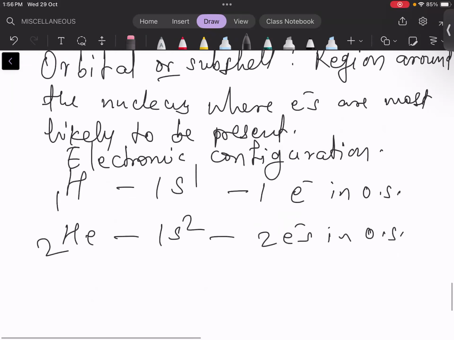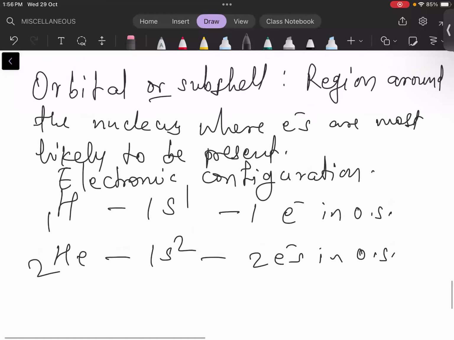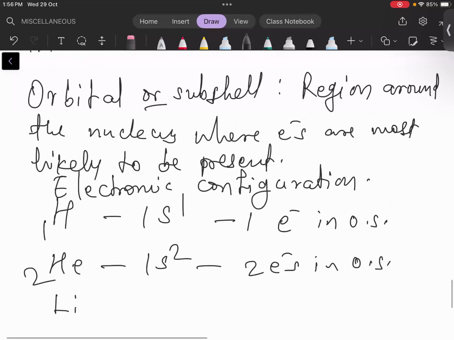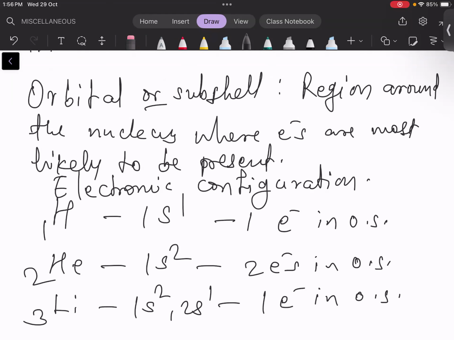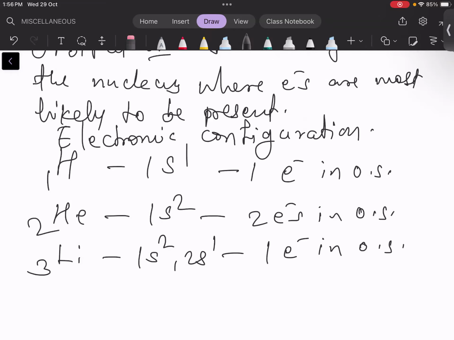Then lithium 3, 1s2, 2s1. So in case of lithium, second shell is there. So the second shell is the outermost shell, 1 electron in outermost shell. Then beryllium 4, electronic configuration is 1s2, 2s2.